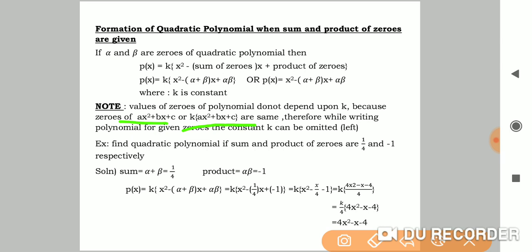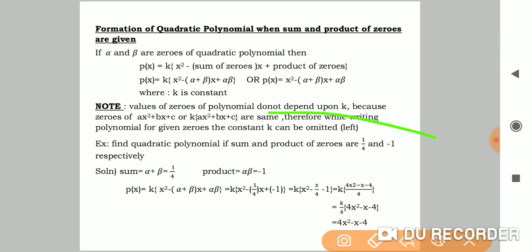When you find the zeros, whether it is ax square plus bx plus c or k into ax square plus bx plus c, the zeros are the same. Therefore, while writing the polynomial for given zeros, the constant k can be omitted or left.